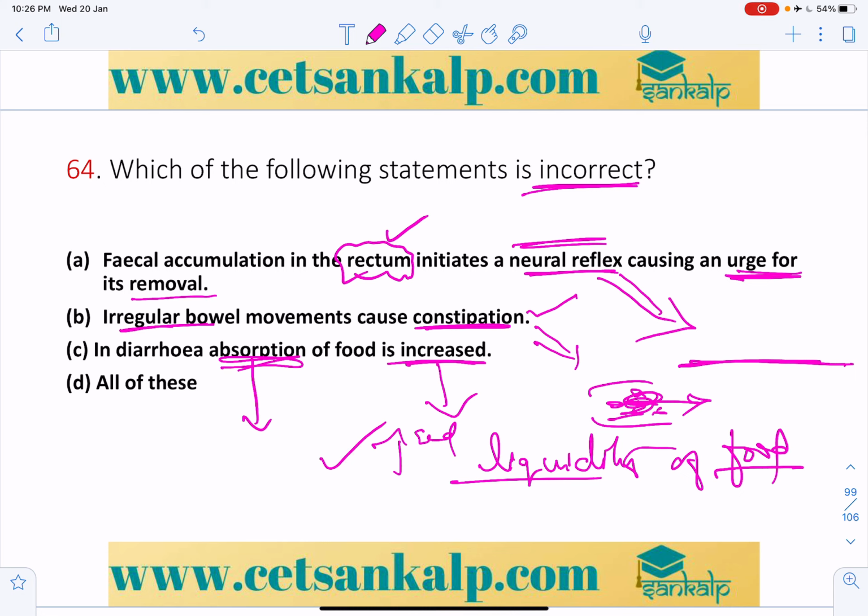The increased liquidity reduces the absorption, it won't increase it. Absorption of food is increased, no, this is wrong. It reduces the absorption.